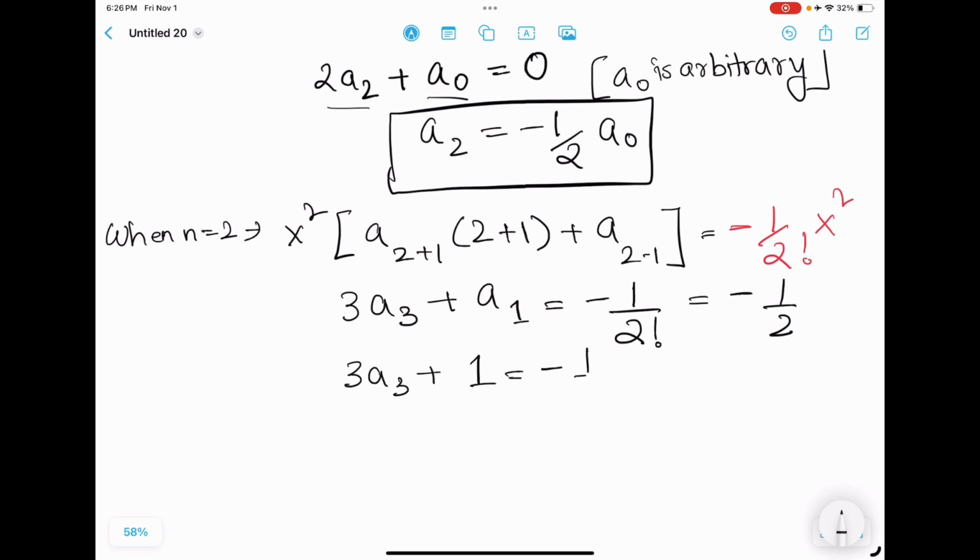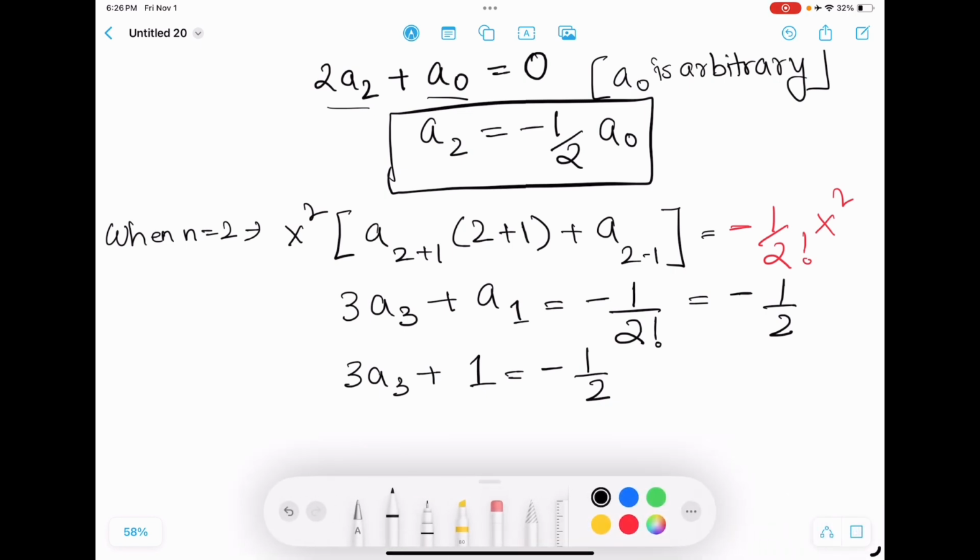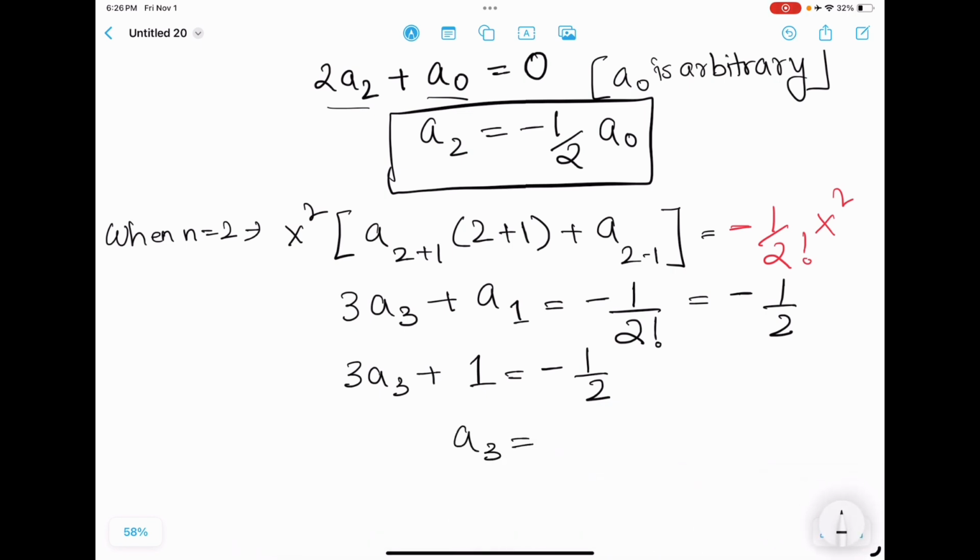Then I have negative half, and shifting my plus 1 to my right hand side, it changes the sign. So I have negative 3 by 2, and doing some more algebra, I'm left with negative half. Okay, so this is the value for my a sub 3.